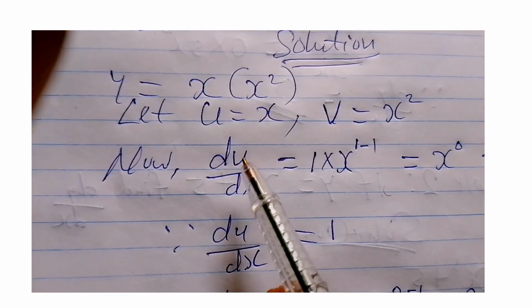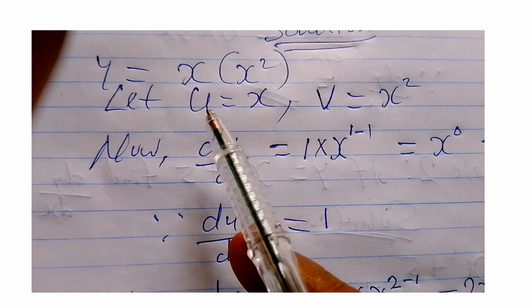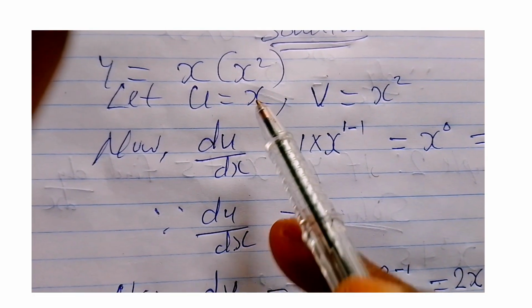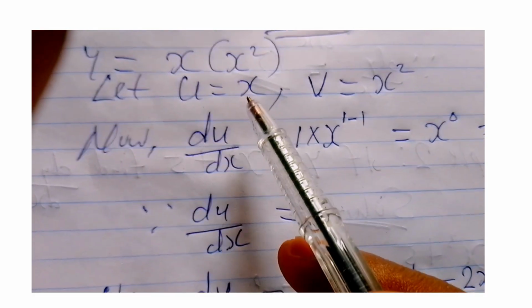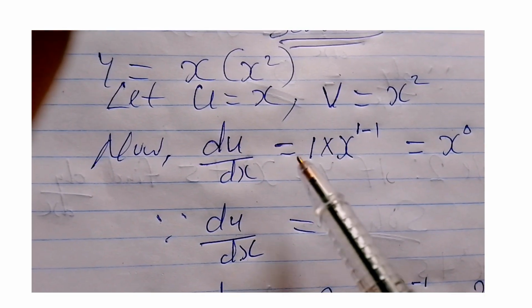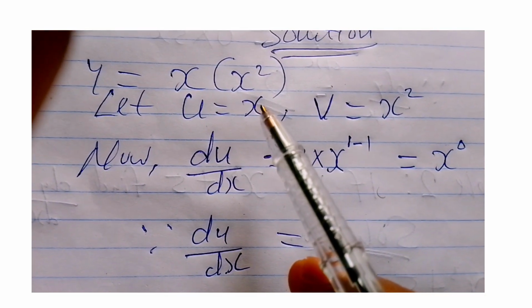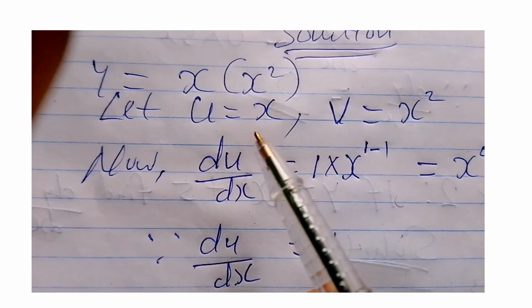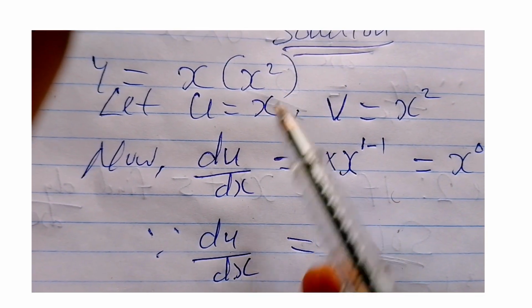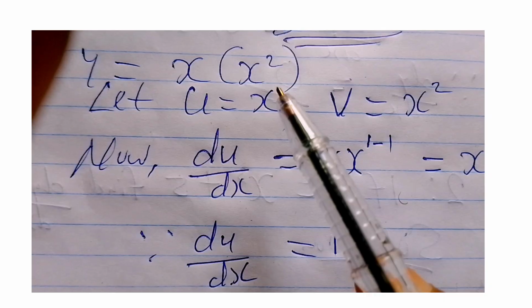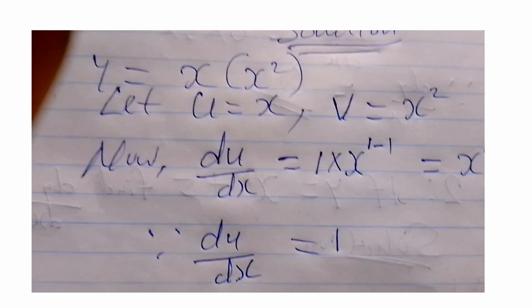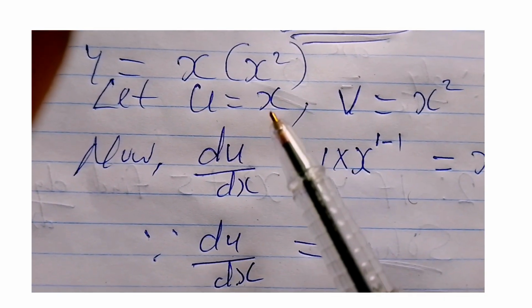du over dx means that we are deriving the function u with respect to x, which is the variable. Now for us to differentiate x, based on the power rule, the power will multiply the entire function and we subtract 1 from the power, right? So x has an invisible 1 on top of it, because anything raised to the power of 1 is the same thing as that number.